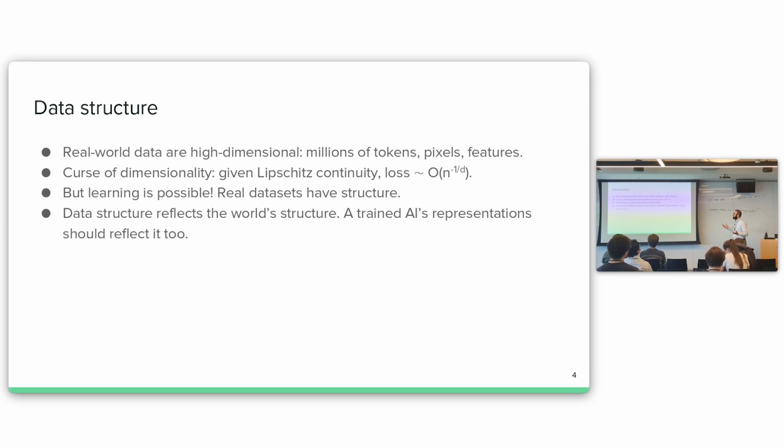And if we have a function that all we assume is continuous, then it's a property that the loss that we get on the data will scale with an exponent that's inversely proportional to the dimension of our data. And so if our data is very high dimensional, then this exponent is going to be very small, so the loss will be effectively constant. So learning is intractable, machine learning is impossible, human learning is impossible, and we should all go home.